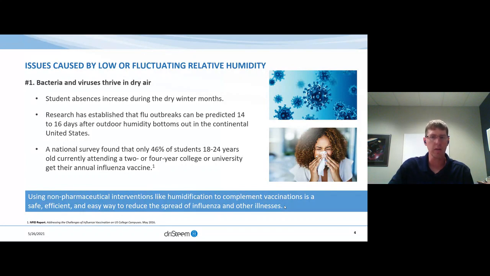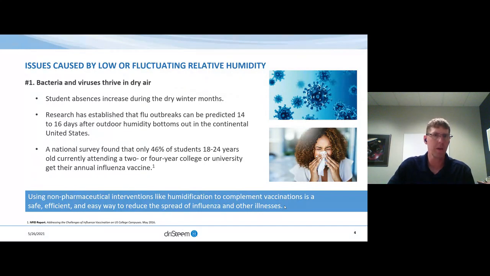As they dry out, just like our skin, particle sizes get smaller, and it means that they're more infectious. They can get into our bodies easier. And research studies, besides the Sterling study, have shown that correlation between low relative humidity and flu outbreaks, which is clearly in that virus category.